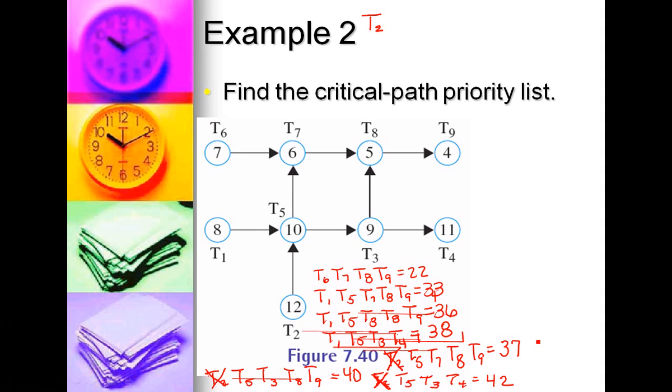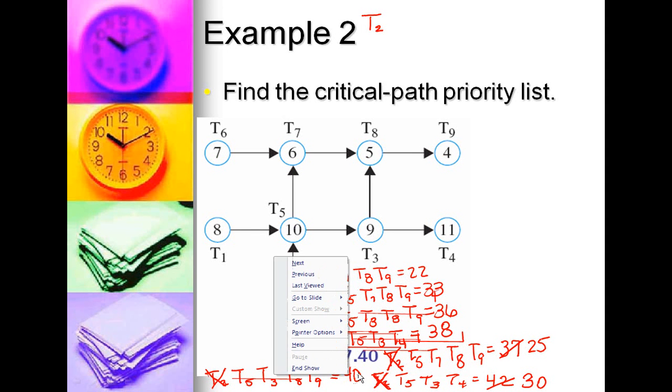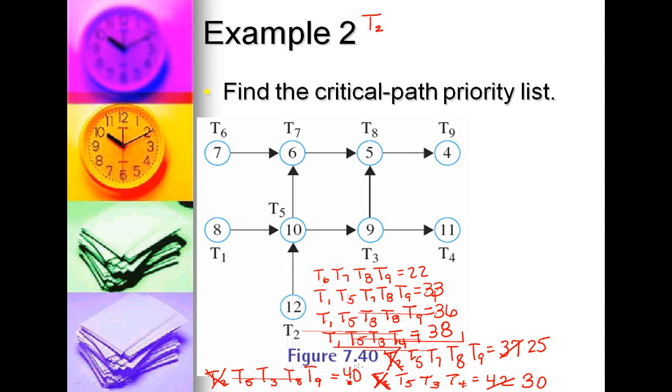T2 was the length of 12, so now we're down to 25 here, 30 here, and 28 here.